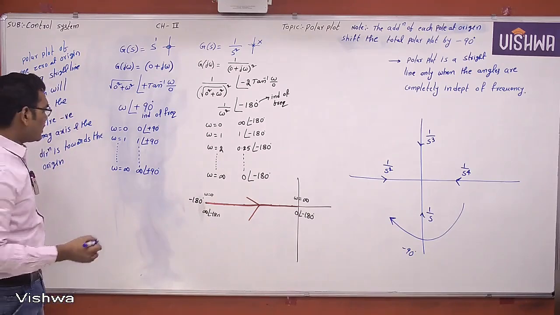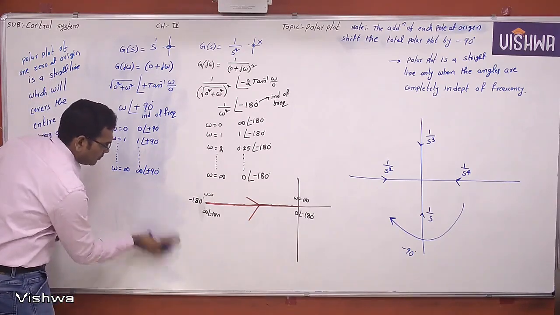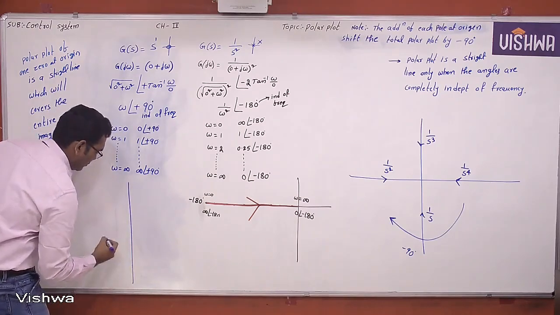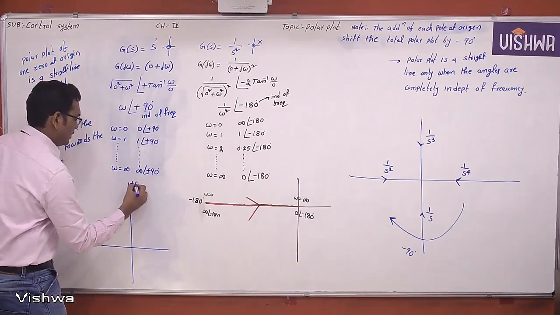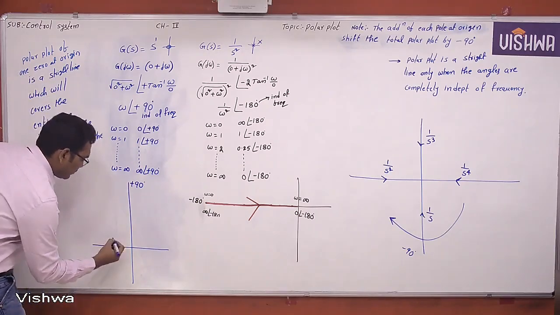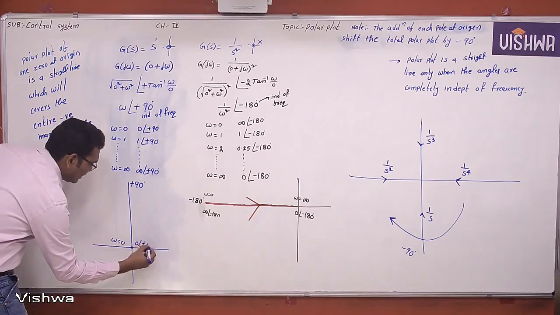Now, plus 90 degrees. Where is plus 90 degrees? This is plus 90 degrees. Now, when omega equals 0, 0 at an angle of plus 90 degrees.